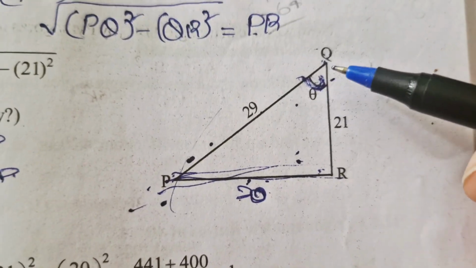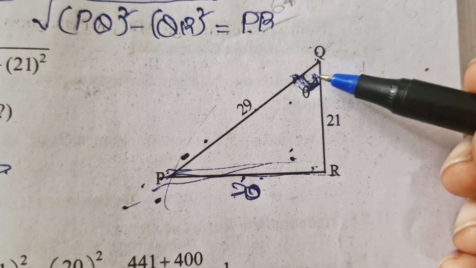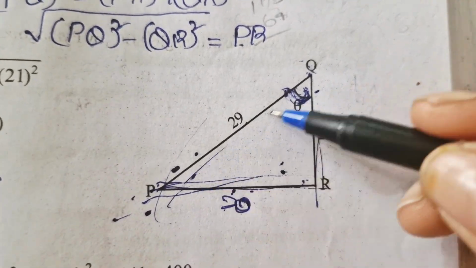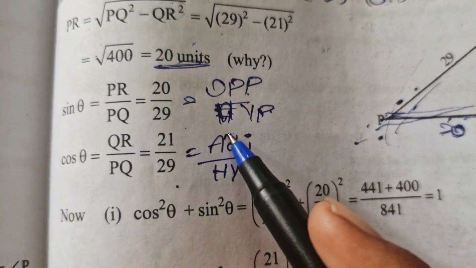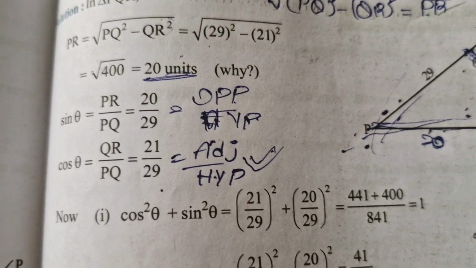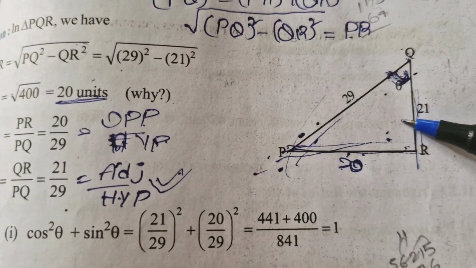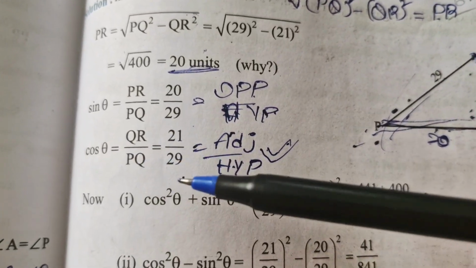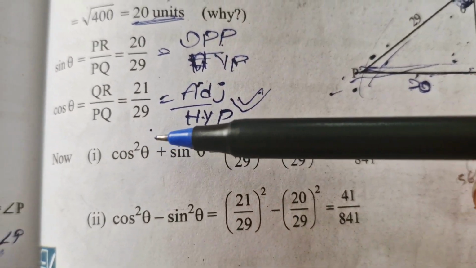The adjacent side is 21 and hypotenuse is 29, as you know. So adjacent by hypotenuse is 21 by 29.